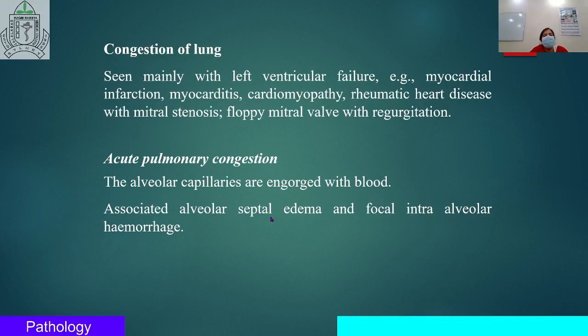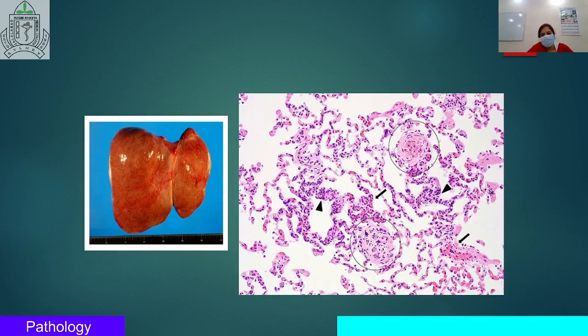In the alveolar septa. And there is rupture of some intra-alveolar capillaries, which causes hemorrhage. The septa become edematous and there is alveolar hemorrhage.